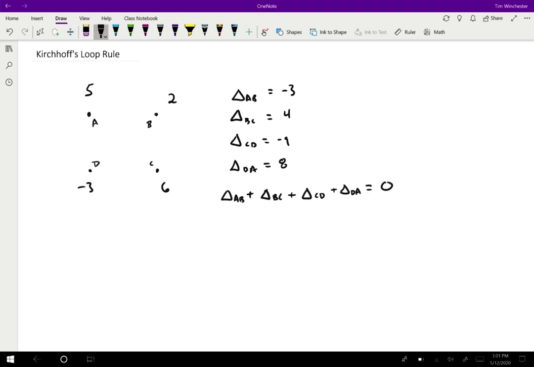Okay, so if you want to see why this has to work out, well, delta AB is just B minus A, and delta BC is C minus B. So if I just write out all of these differences, then I've got D minus C, and then for this last one I have A minus D. Okay, so you can see just pairing up the terms, I have -A and positive A, I have B and -B, I have C and -C, and then finally I have D and -D.